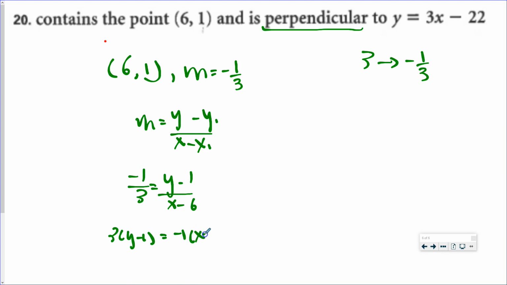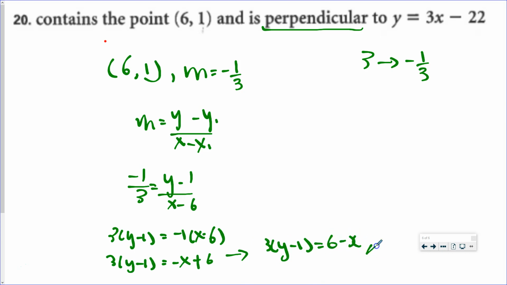Let's just multiply it out, just be nice. So 3 y minus 1, multiply that, you have negative 6 plus negative x plus 6, make it even nicer looking. There you go. So we are done.